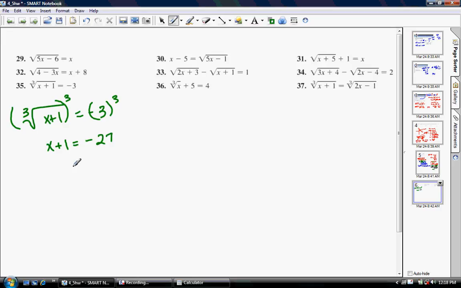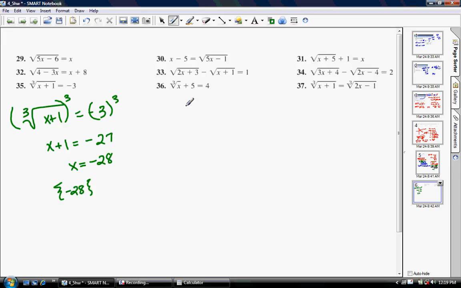Negative 3 cubed would be negative 27. So if we subtract 1, we get negative 28. These you don't really have to check because they're defined for all real numbers, but the cube root, if I plug in negative 28 plus 1, I get negative 27. The cube root of negative 27 is negative 3, so I know that works.